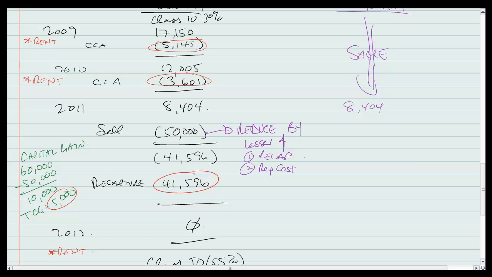In this case, it's the recapture again, so it's going to be 50. So it's 50 minus our recapture. That gets us down to, not surprisingly, I would hope, 8404. That's our reduction. That's our deemed proceeds, we call it. So our deemed proceeds are 8404, getting us down to a 0 balance in there.